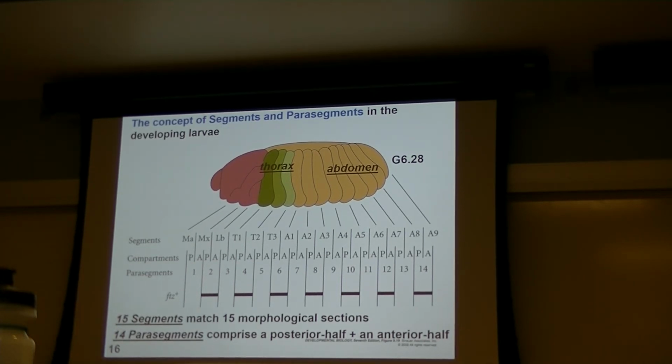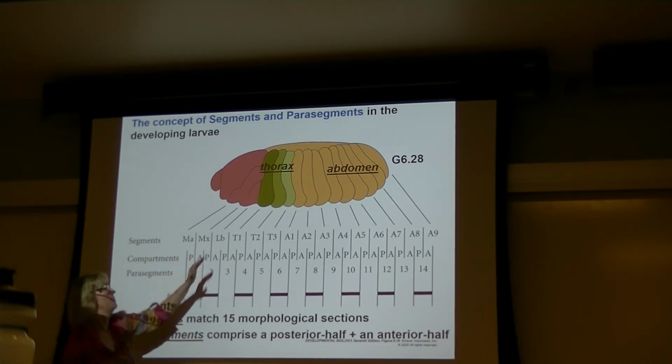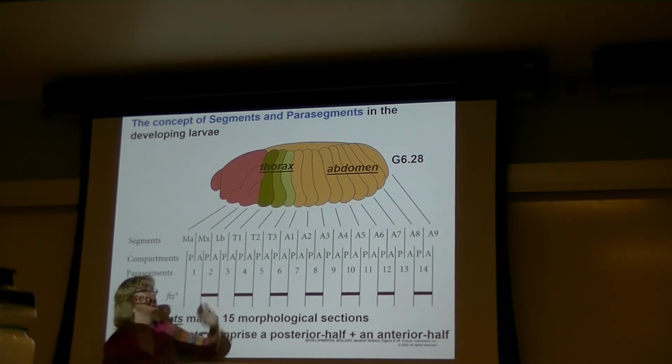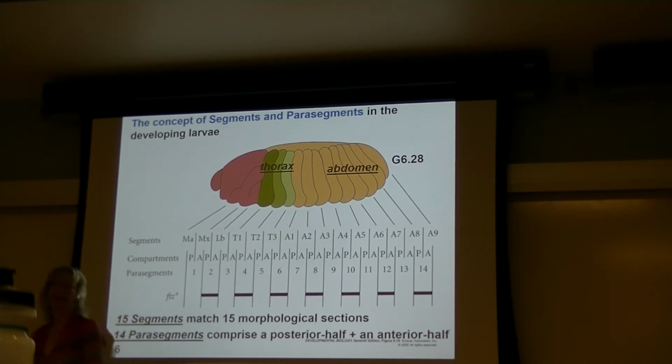We can define a segment as a morphologically discrete region within this larva that's easy to recognize by visual means. If you counted how many of those chunks there were, you'd find there's 15. These were given different names: some head segments here, thoracic segments, and then 8 or 9 abdominal segments.